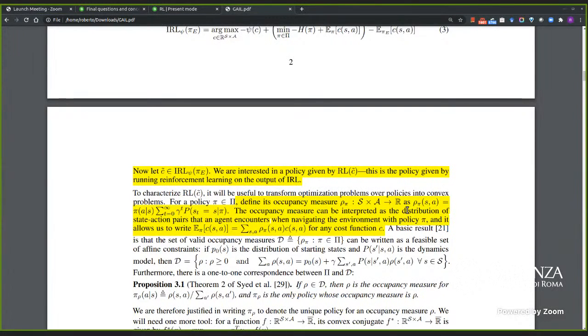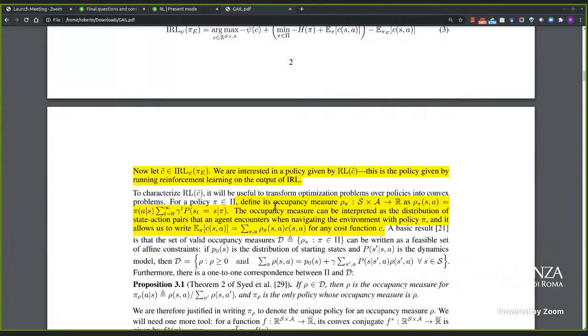Now, to do this kind of analysis over this learned policy, they look at something called the occupancy measure, which is similar to what we have seen when we were looking at policy gradient methods. So this is telling us the distribution of state action pairs that are visited by the expert. So it's the state action distribution of the expert or of the policy.